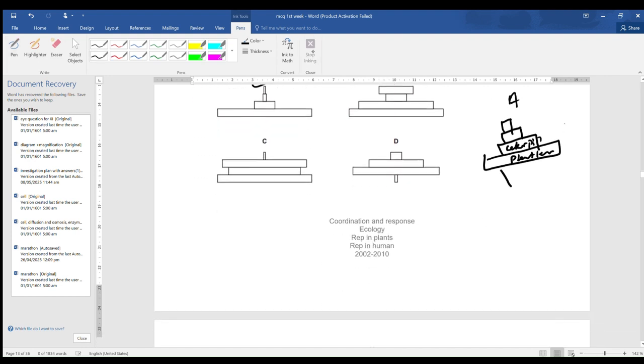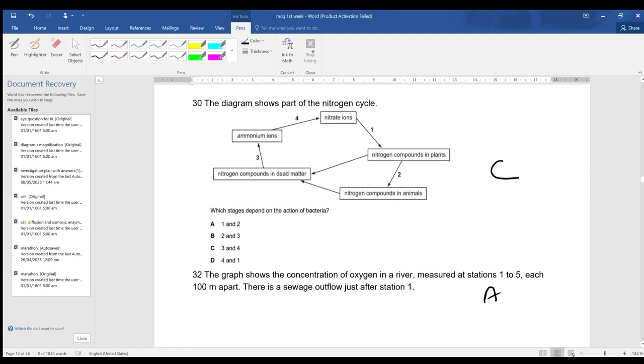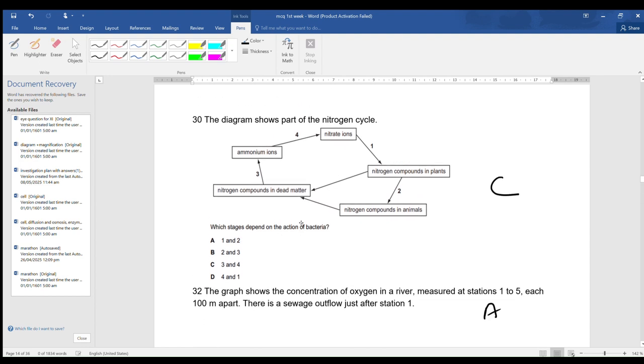Now move on to next question. The diagram shows part of the nitrogen cycle. Which stage depend on the action of bacteria? At first we should label all the stages. Now the nitrate ion is converted into nitrogen compound in plants.